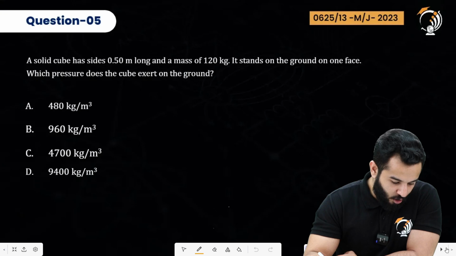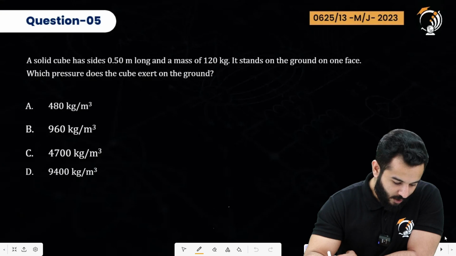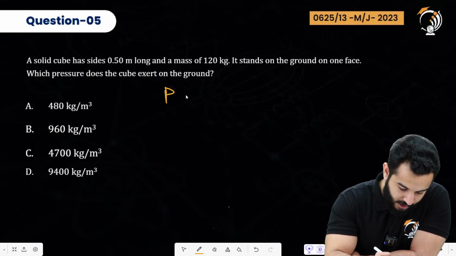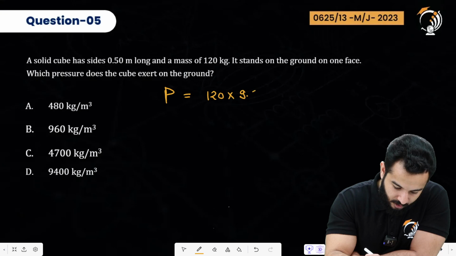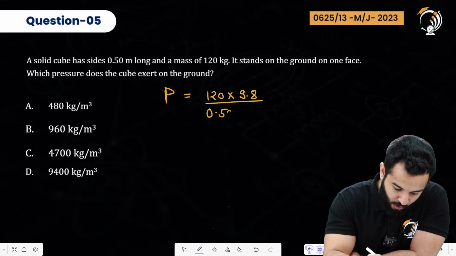A solid cube has sides 0.50 meter long, and a mass of 120 kg. It stands on the ground on one face. Which pressure does the cube exert on the ground? Now this is quite easy. Pressure would be equal to 120 times g divided by area. The area is going to be 0.50 times 0.50.